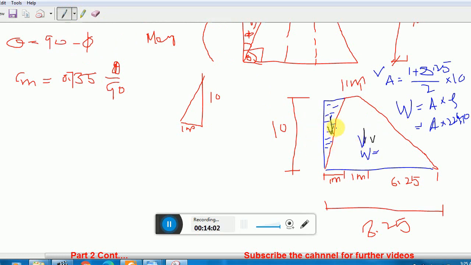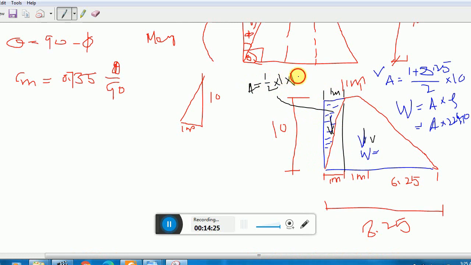Now the value, remember this is a vertical line, so this is 1 meter, this is also 1 meter. So we need to find out the area of this figure. The area of this figure will be how much? Look, half, this is a triangle, half times this base 1 times height, that is 10. This will be the area.